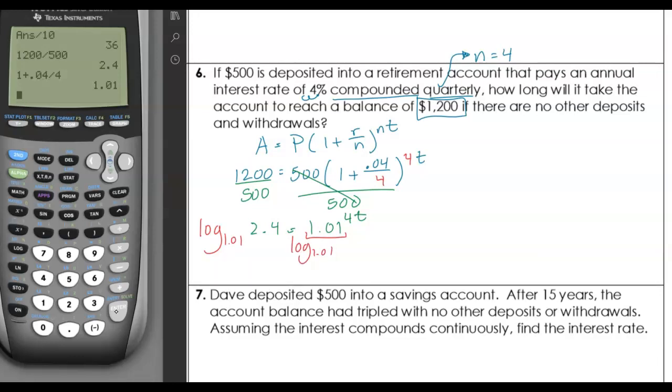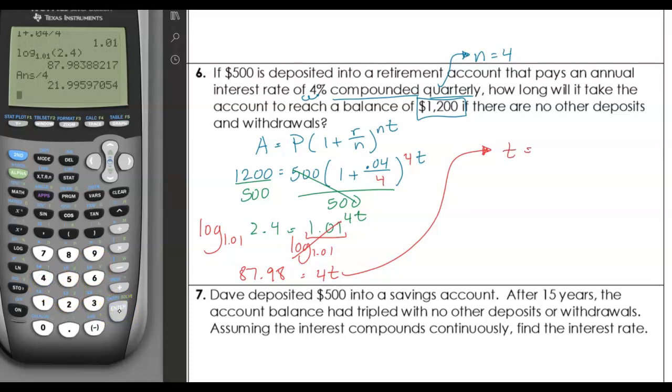Log base 1.01 of 1.01 cancels, leaving us with 4t. And then log base 1.01 of 2.4 is 87.98. The last step to get the t by itself is to divide both sides by 4.